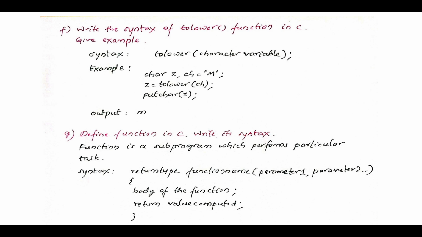First you write the return type, then the function name, and inside the bracket there are parameters. In the body of the function, you write the actual code. This is the actual task we are performing, and after doing the task we return the computed value. This is the syntax of a function.